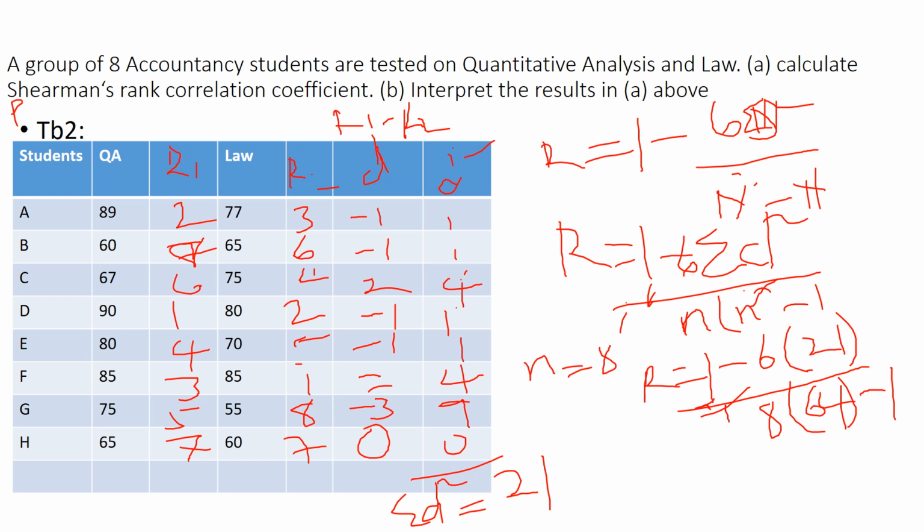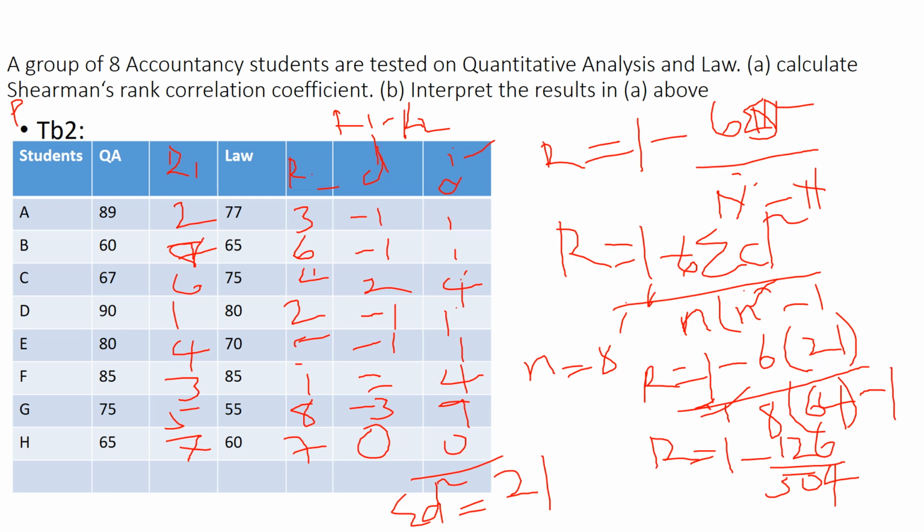We multiply 21 and 6, so here our R is equal to 1 minus 126, divided by 8 times 64 minus 1, which becomes 504.